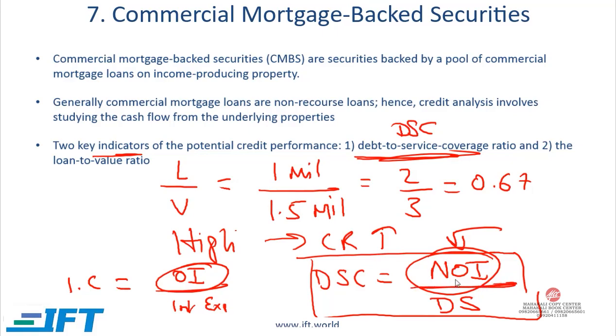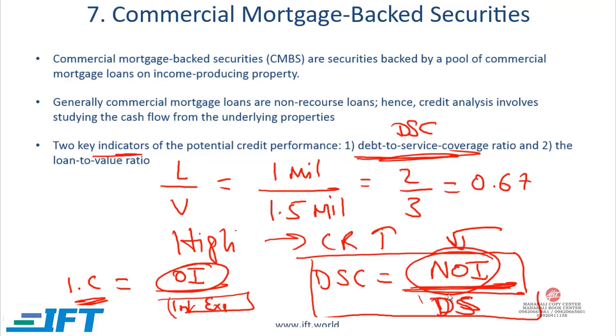But here you just need to remember that we are taking the net operating income. In the interest coverage formula, we are simply dividing by interest expense. Here we need to be concerned with the total amount of payment that is being made, since the underlying loans are really mortgages. They are amortizing loans, so interest payments and principal payments are being made. We need to consider the total payment.